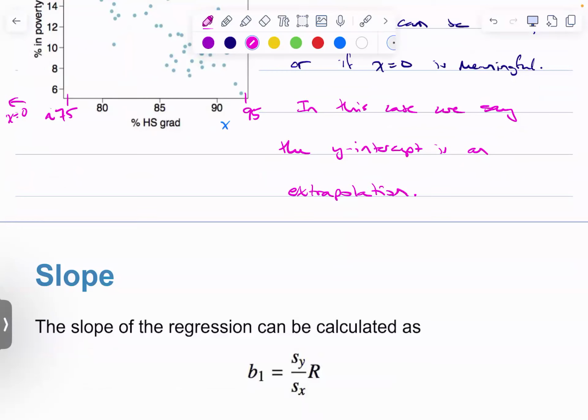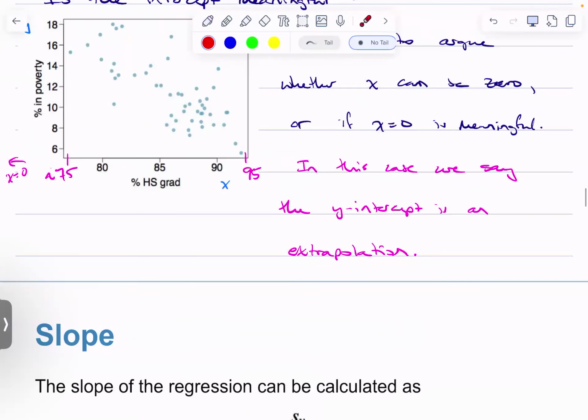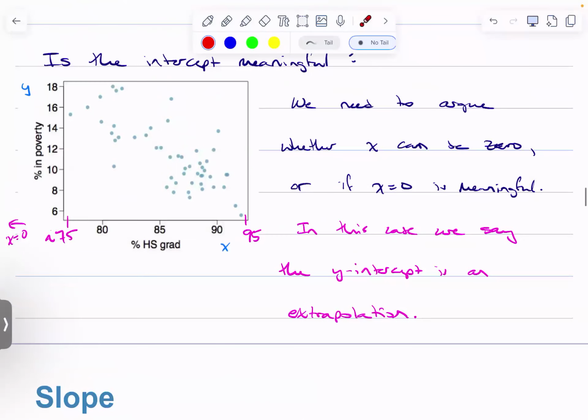You're extrapolating outside the values of X that are in your data. Your line really only fits this stretch of X's. So it is only reliable for that stretch of X's. So these 75-ish to 95. There's some wiggle room, but not a lot.